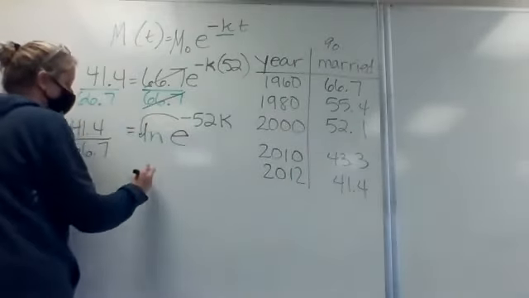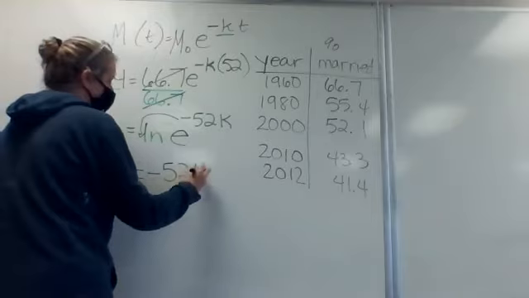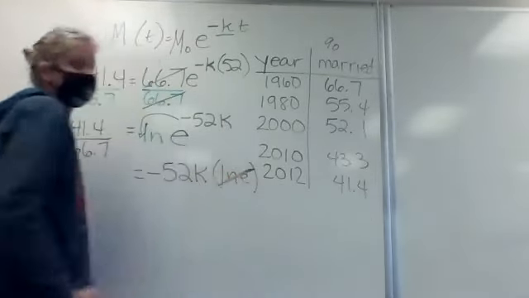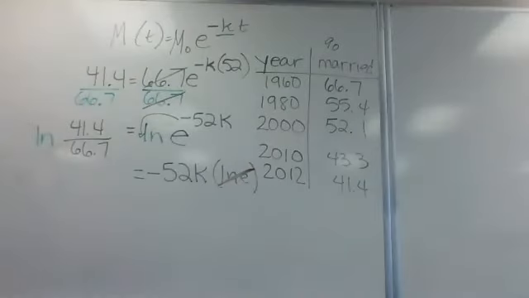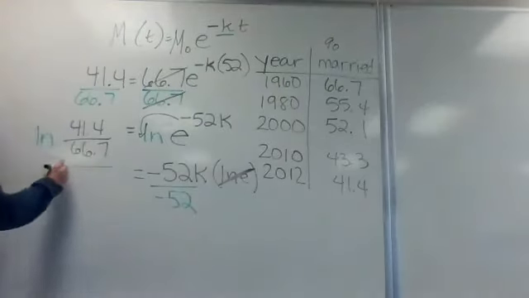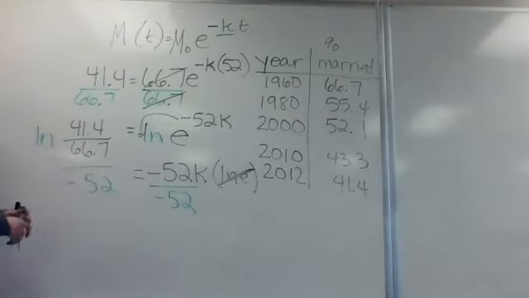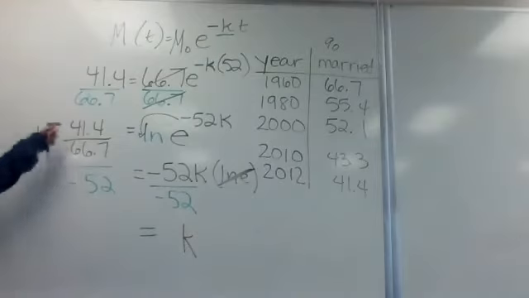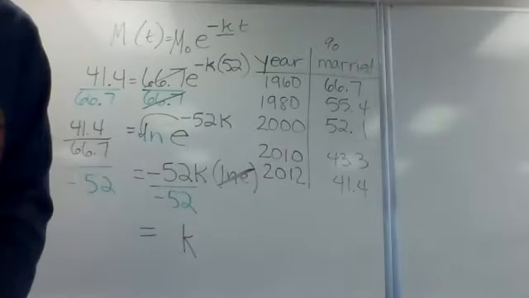So that brings the whole exponent down. So now I have negative 52K times ln of E, but remember ln of E is just 1. So what do I need to do to get this K by itself? Divide it by that negative 52. So now my K is by itself.